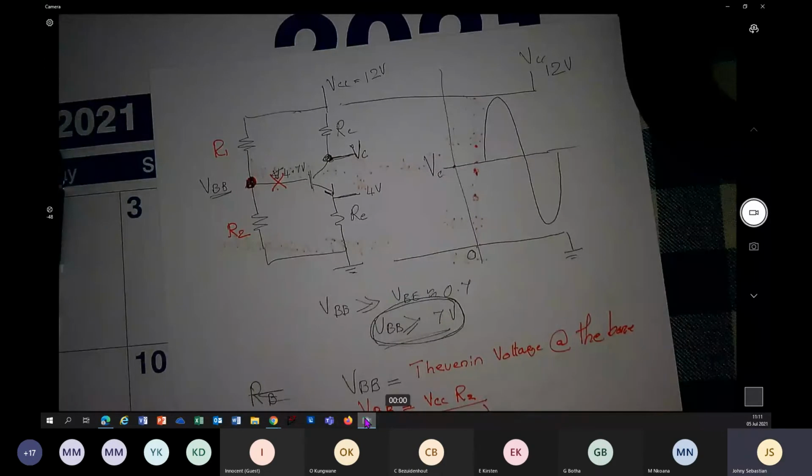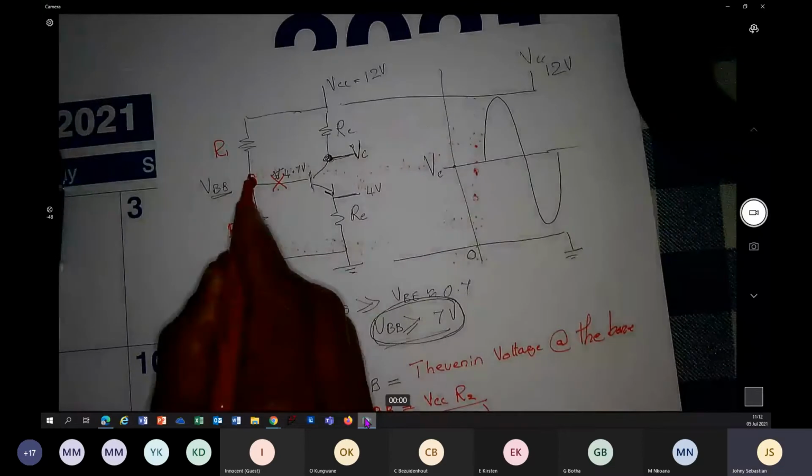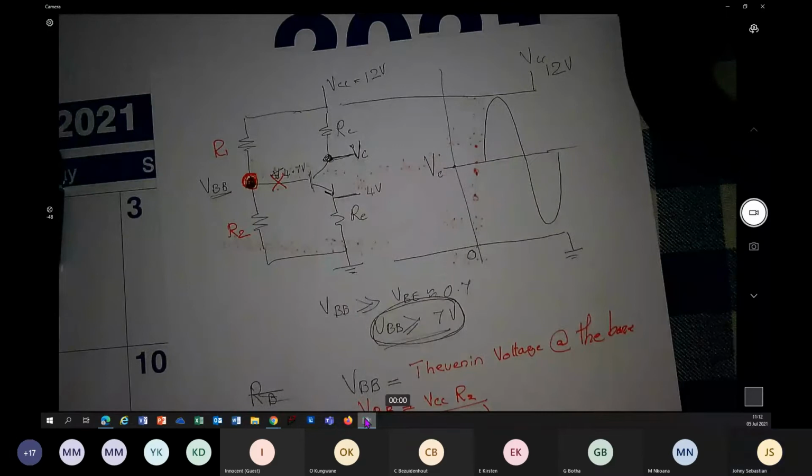Then what is this RB? RB is Thevenin resistance at that point, R Thevenin. How do you find R Thevenin? We ground all the power supply voltages. That means this is going to be a ground, that is already at ground. Now R1 and R2 are in parallel.